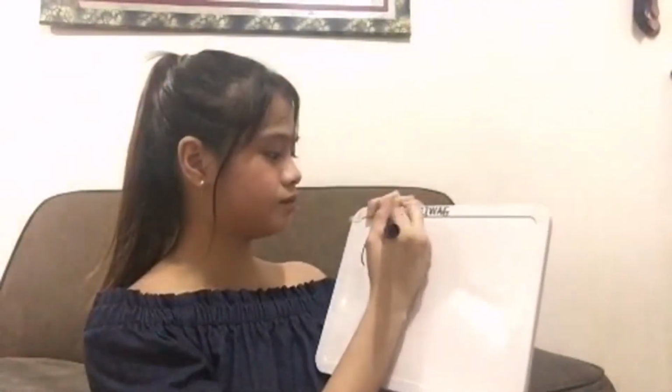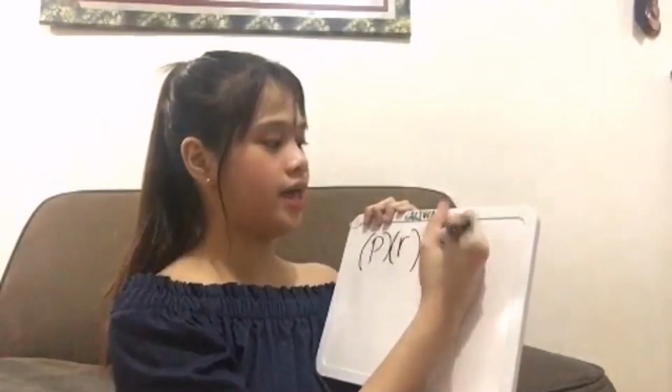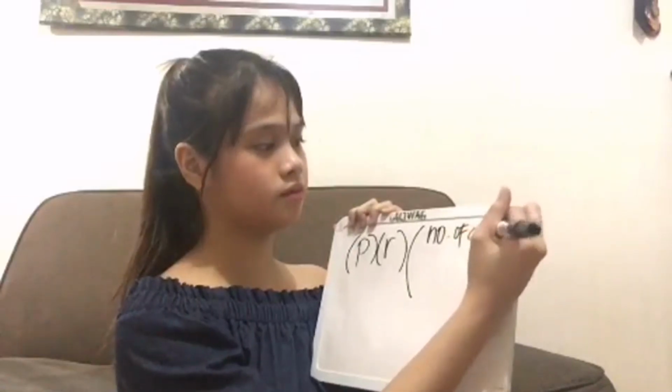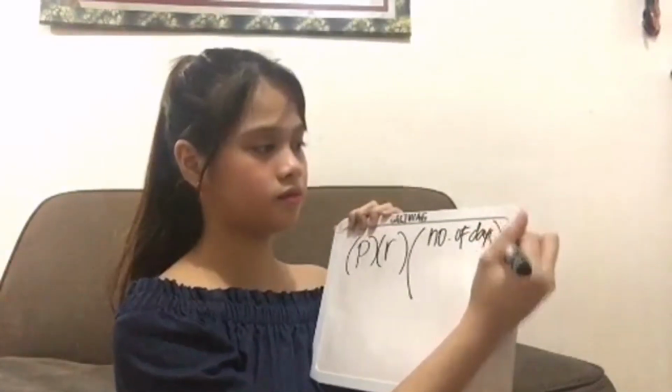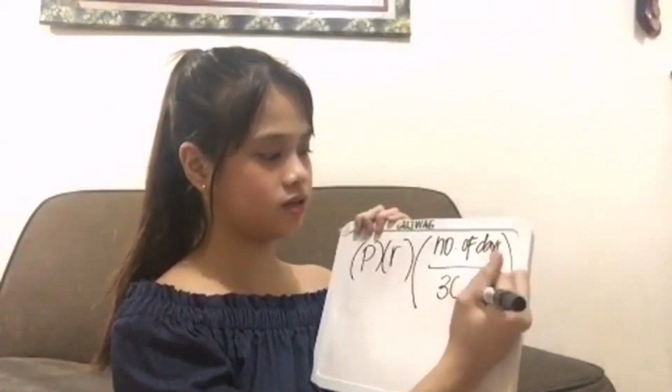So, since our formula is principal times rate and times number of days, and divided by 360. So, in the problem, we have 1,500, which is yun po yung principal natin.